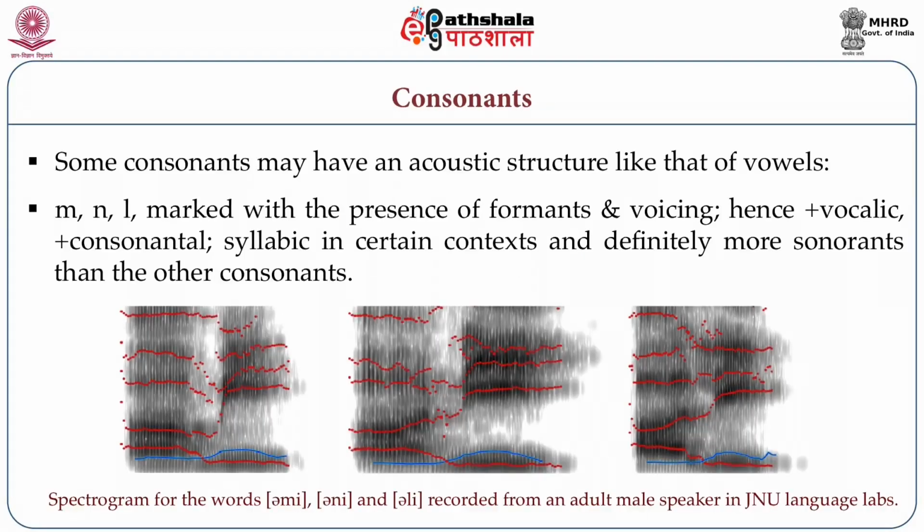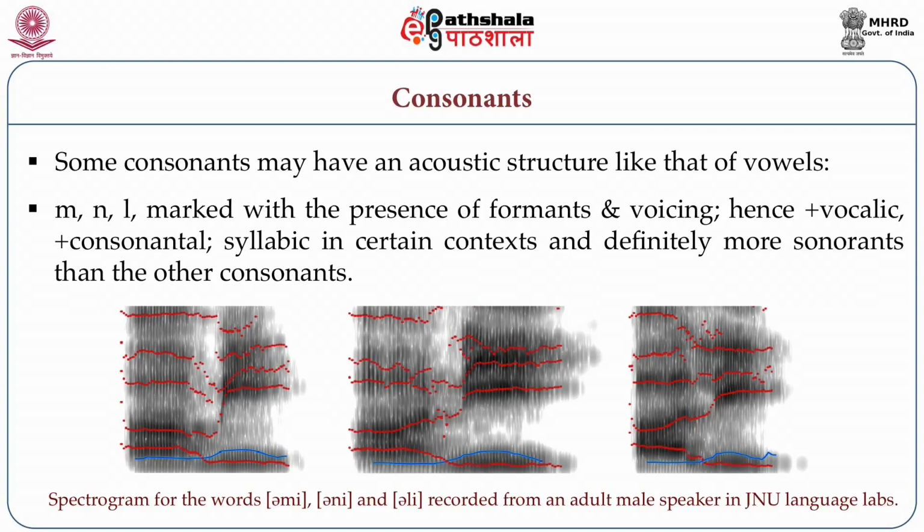Now, the consonants, as I mentioned, some consonants can have an acoustic structure like that of vowels. Let me go back to this figure where we are saying plus consonantal can be consonants as well as glides, and minus vocalic sounds can be consonants and liquids. So, apart from other consonants, there can be consonants which have vowel-like qualities or music-like qualities. Look at m, n and l for instance.